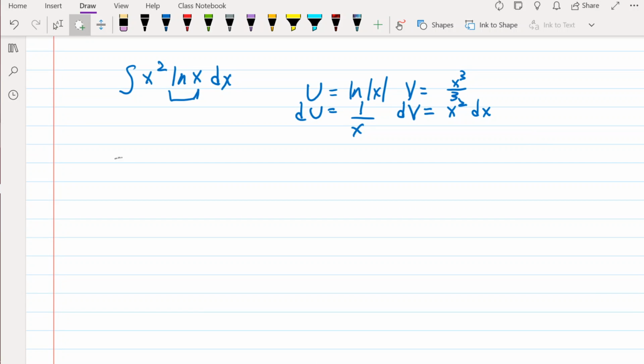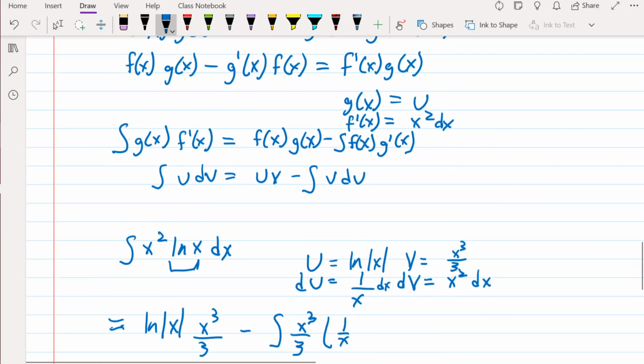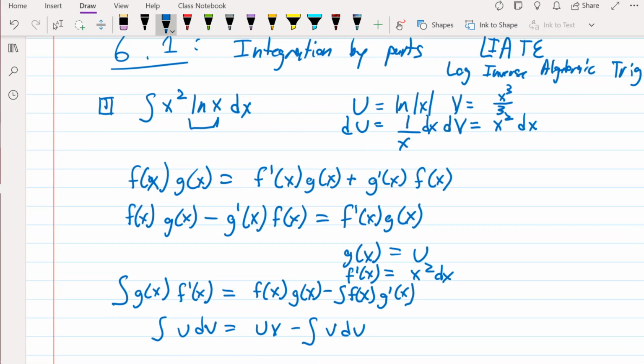So we're going to set this equal, let me just get my pen back out, to uv, so ln of x times x to the third power divided by 3 minus the integral of v, which will be x to the third over 3, times du, which is 1 over x, and this is dx later.